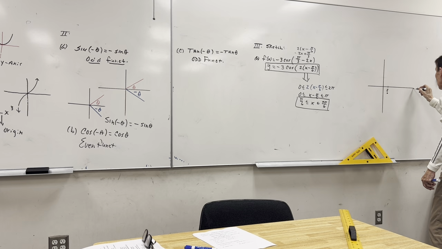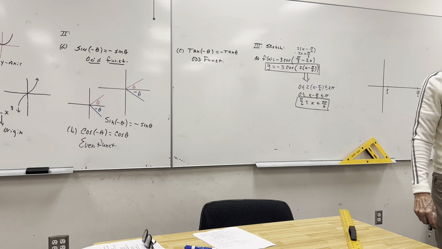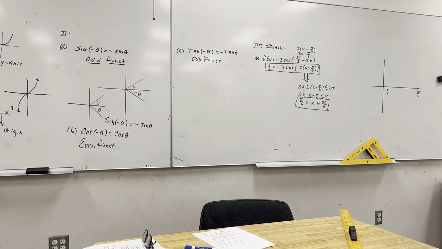I'm supposed to end at 7 pi over 6. Now, who recalls how does one determine the missing points in between? Who recalls? See, that's the sad thing. I don't see you guys enough.